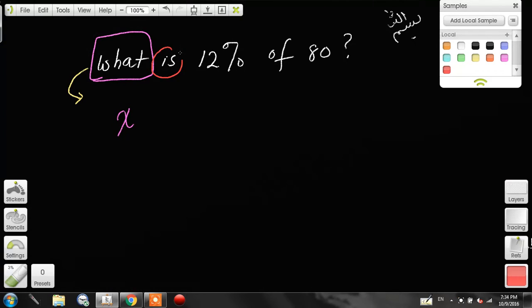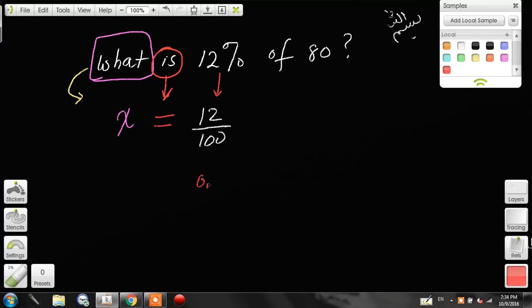The word is is the same thing as an equal sign, right? When you say x is 5, x equals 5. So the word is translates into an equal sign. 12% is 12 over 100, right? And you can translate that over here.